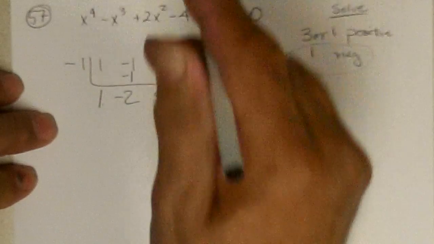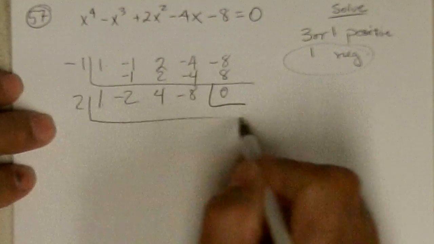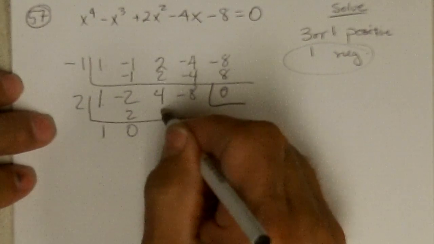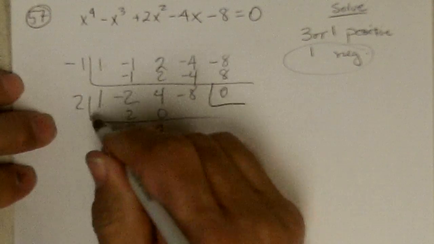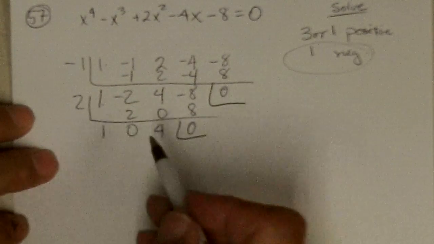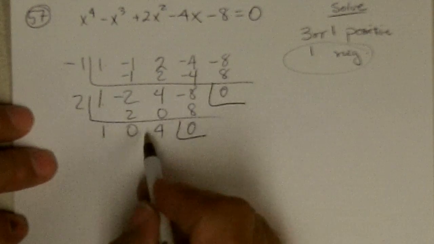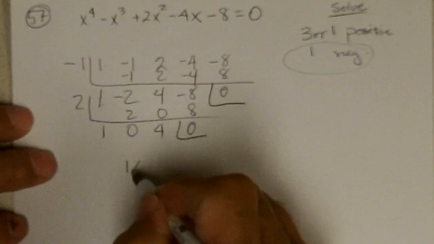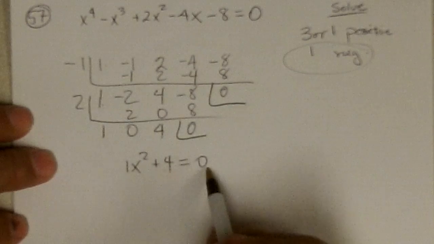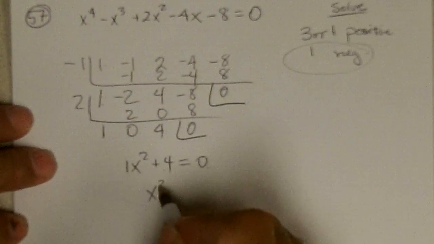+2 happens once, so I'm going to put 2. 1, 2, 0, 0, 4, 2 is 8, 0. So that worked. And I'm left with 1x squared plus 4. And if I'm trying to make that equal to 0, I can subtract 4 and take the square root.